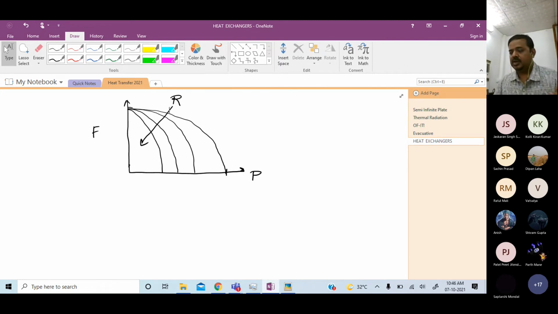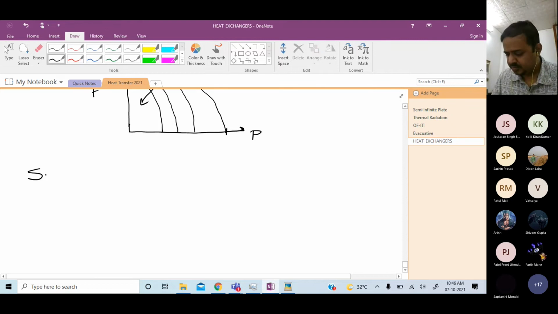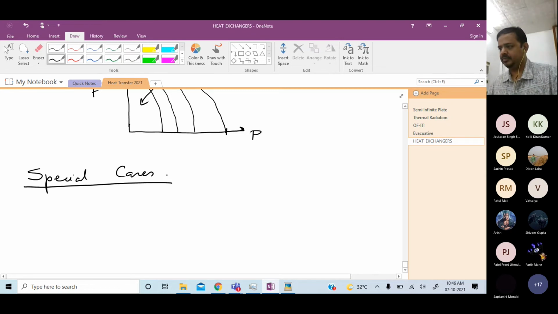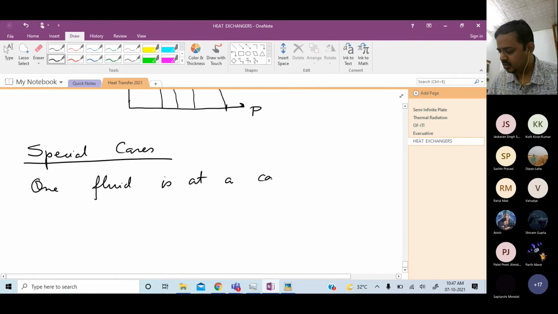Okay. Before we move to a couple of problems, where we will be able to solve some of them, special cases. What happens if one fluid is at a constant temperature?